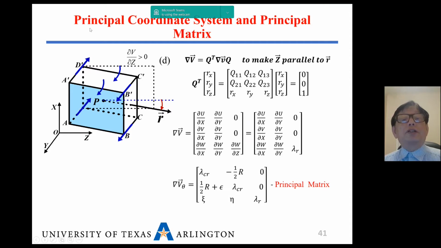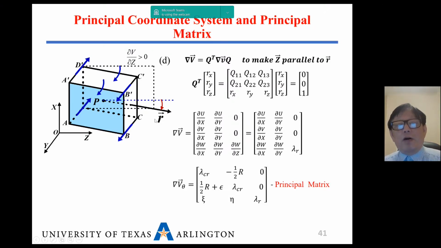So we introduce the principal coordinate system and get a principal matrix. The tensor is unique, but the matrix is not unique. It depends on the coordinates. We call them principal coordinates. That means the z direction is parallel to the Newton's core line, and the x and y directions are orthogonal to it.